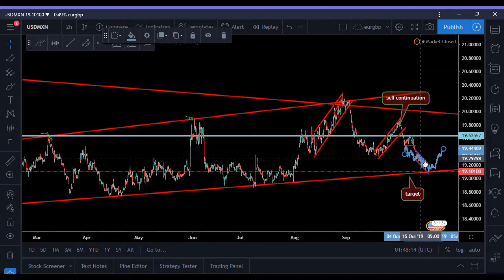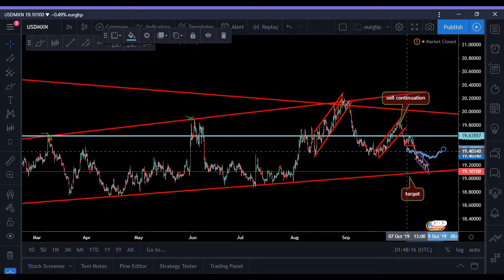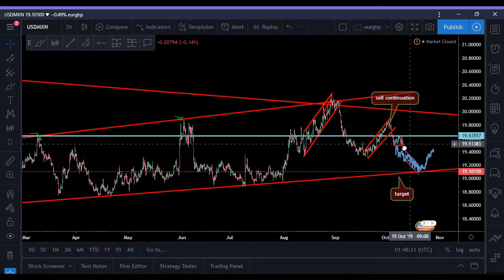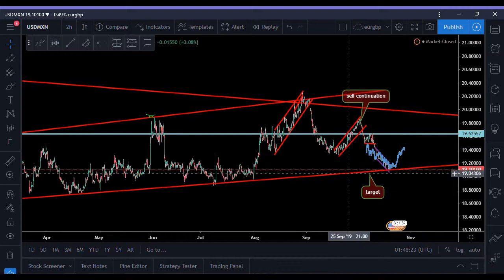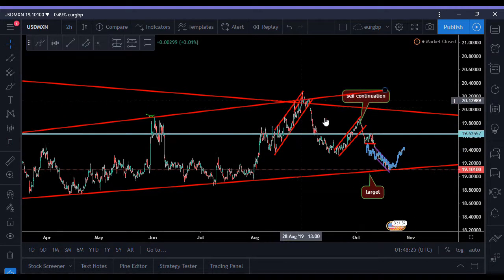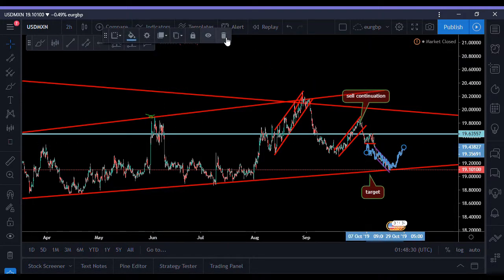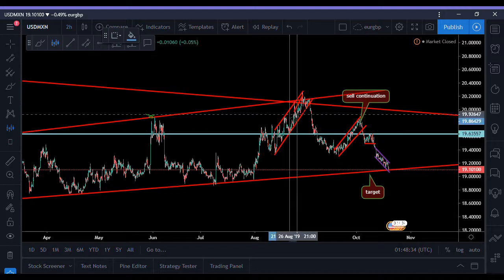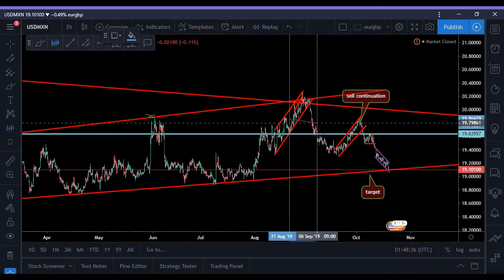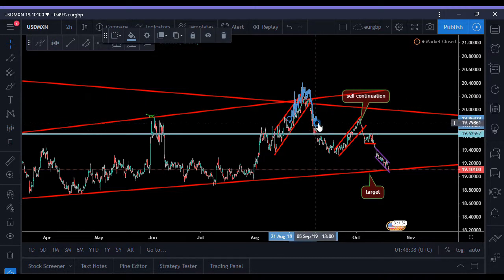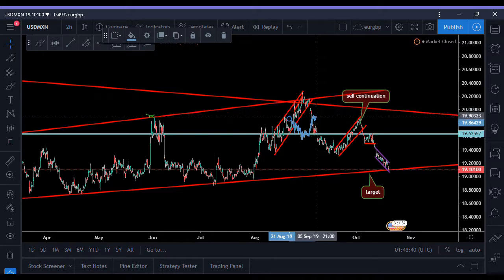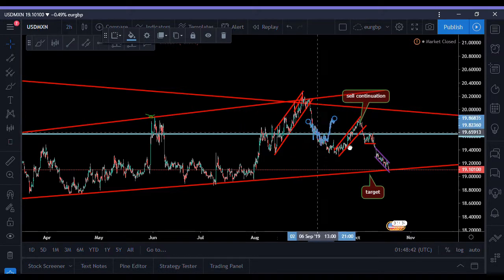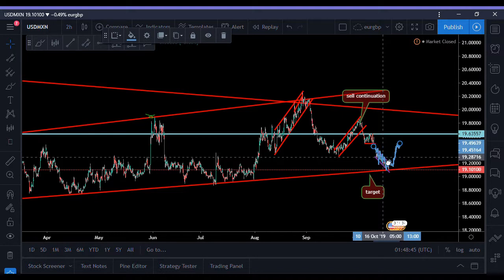As you can see here, it's almost the same scenario. I could have just taken it from this area, so let me do that. We'll take price from this area to here to here, invert this price, and take it to the future here.